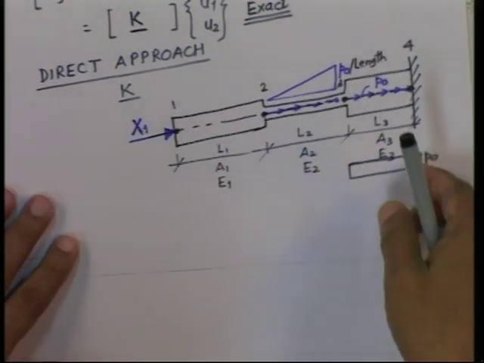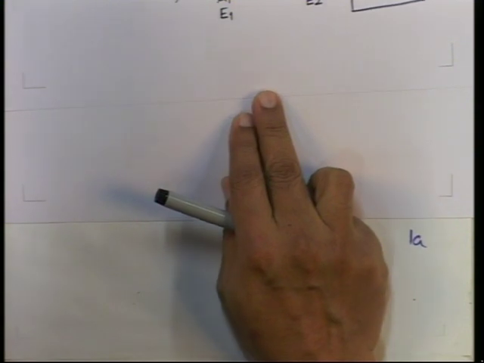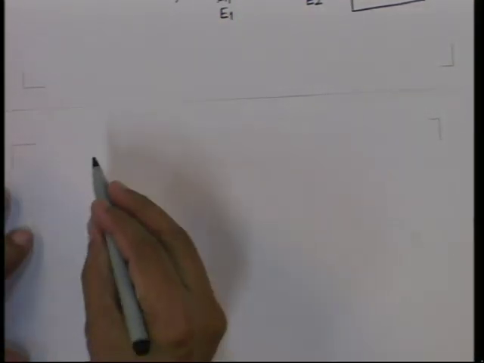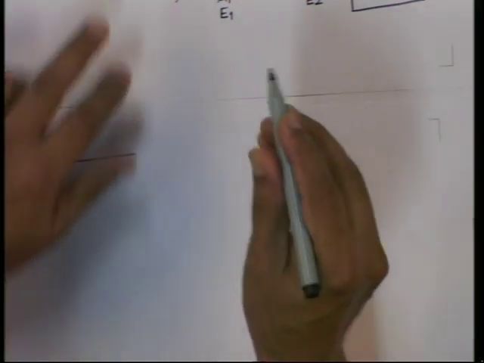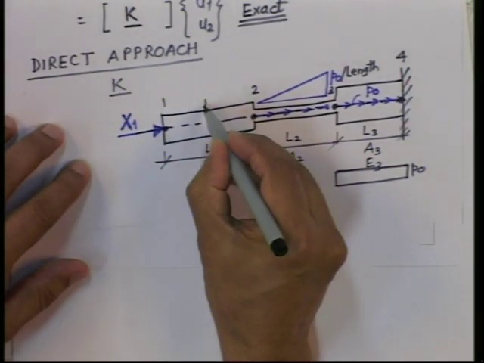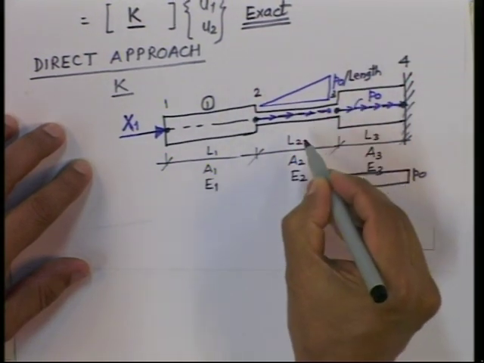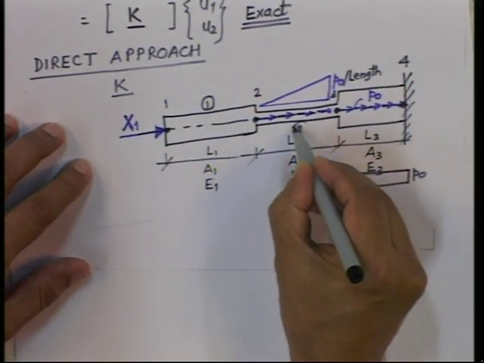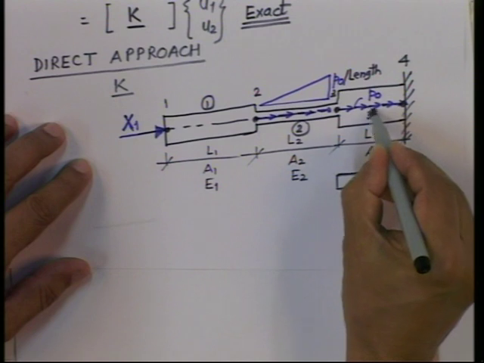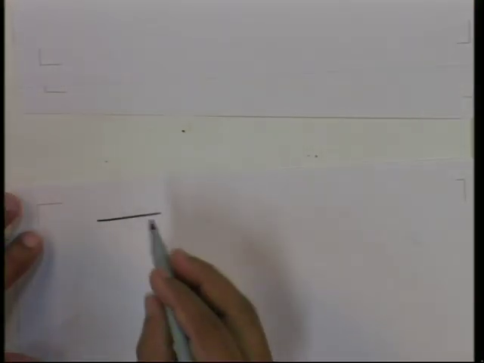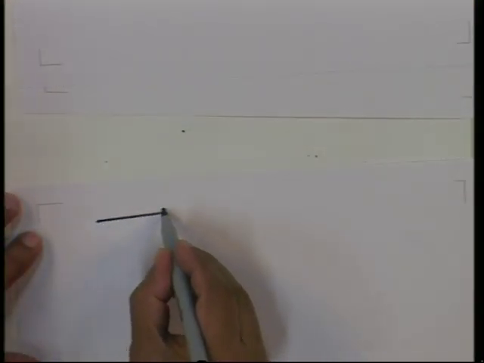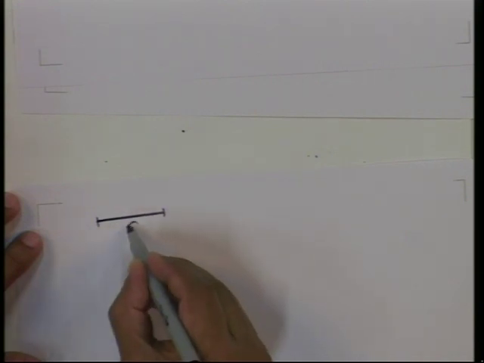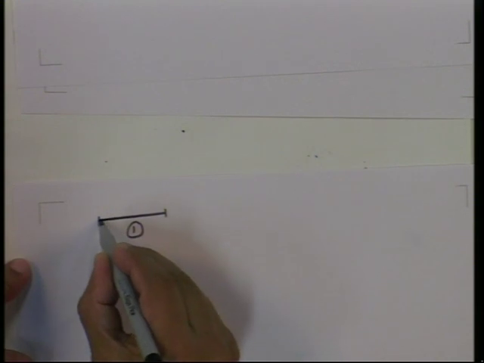I will do that first, since I think some of you are also having a problem. See, if this is element number 1, this is element number 2 and this is element number 3. For element number 1, there is no distributed force.